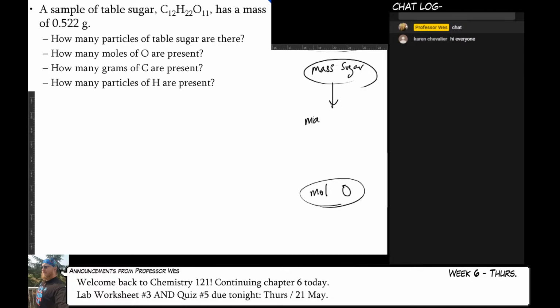Oops, not A. I'll write the wrong letter. Apologies for that. So I'm going to turn that into moles, just like I did before. And now I need a relationship between the moles of sugar and the moles of oxygen. This relationship up here is the same as before.